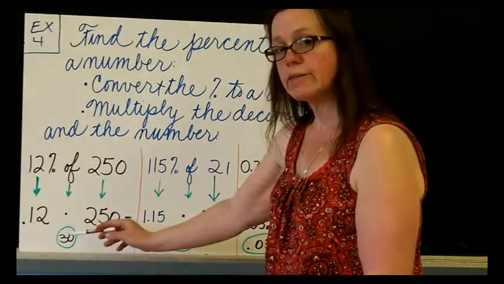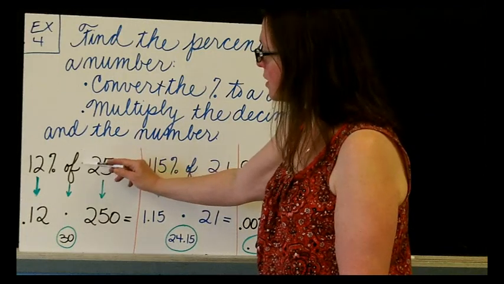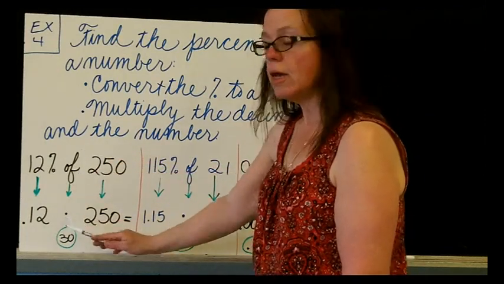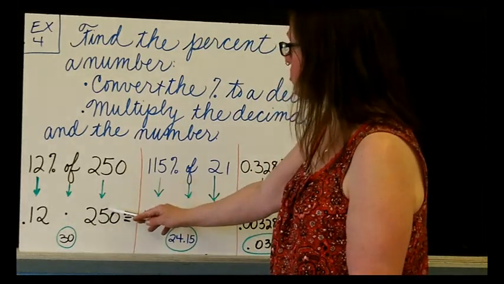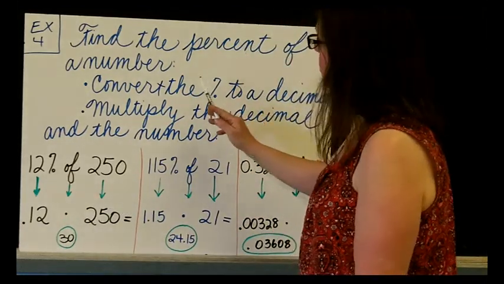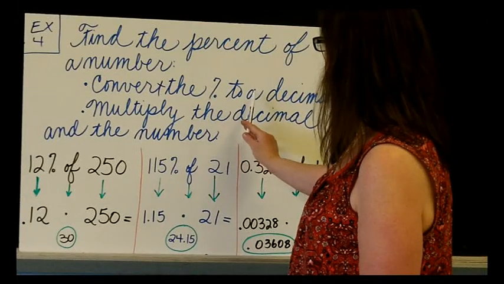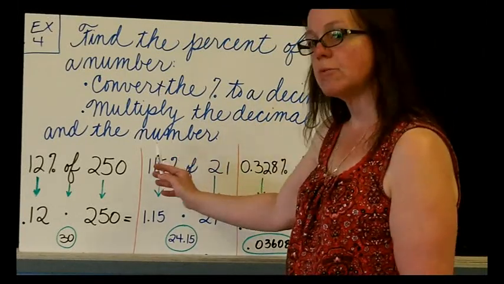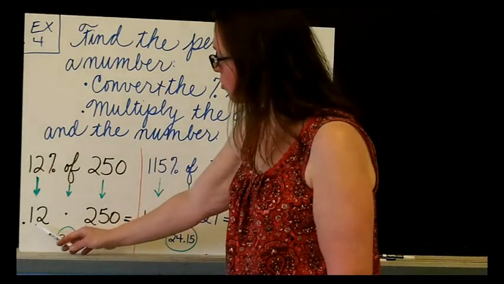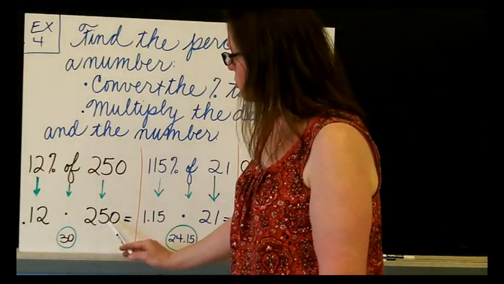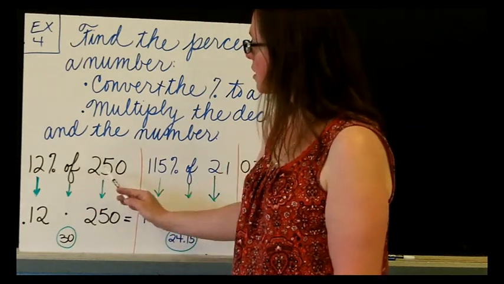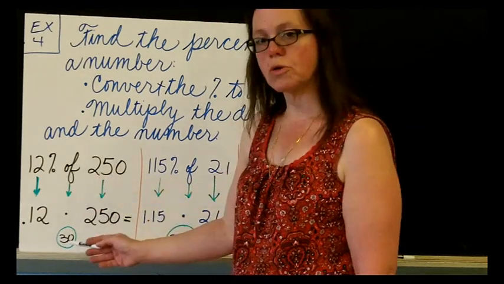You remember from the last lesson that almost always in math, the word of means to multiply, and then we just bring down our number. Because remember, if we look at the steps, we first convert the percent to a decimal, then we multiply the decimal and the number. And when we multiply 0.12 times 250, we end up with 30. So 12% of 250 is 30.